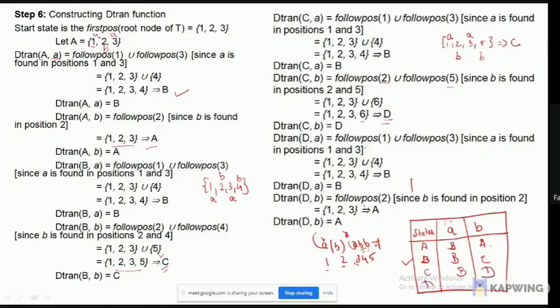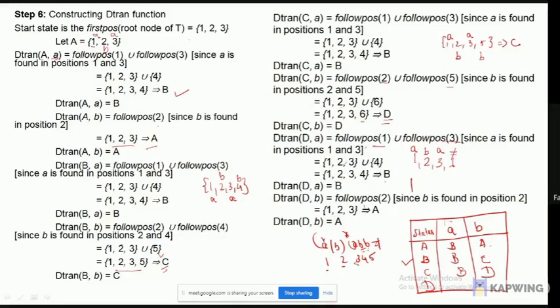Now we have to process D, which is 1, 2, 3, 6. a is represented by 1 and 3, 2 represents b and 6 represents hash. So we have to find the follow position of 1 and follow position of 3: 1, 2, 3 union 4.